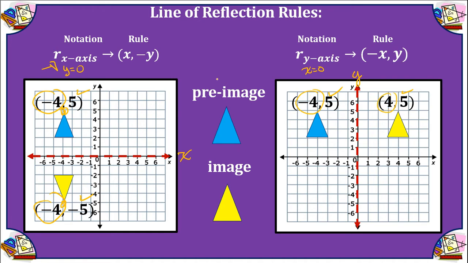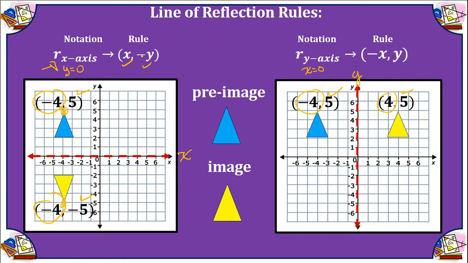To sum this up, when you reflect across the x-axis, the x coordinates stay the same, the y changes to the opposite. Let me just share with you that this negative just means opposite of what the value was. It doesn't necessarily mean it's going to be negative. It just means you need to change that value to the opposite.